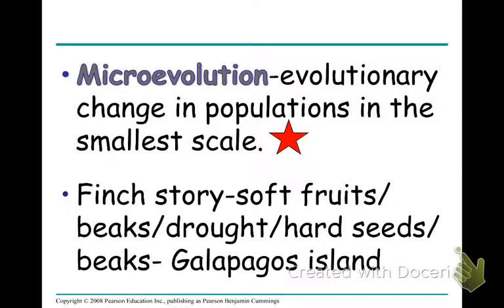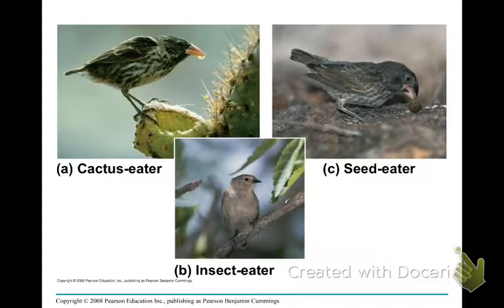Okay, so for this I would like to also use the story of the finches in the Galapagos Islands, the relationship between the soft fruits and the beaks, or drought and hard seeds and the beaks in the Galapagos Islands. So here you have finches with different kinds of beak types.